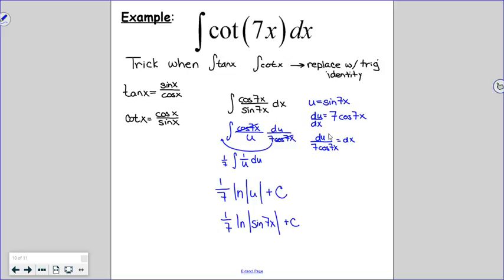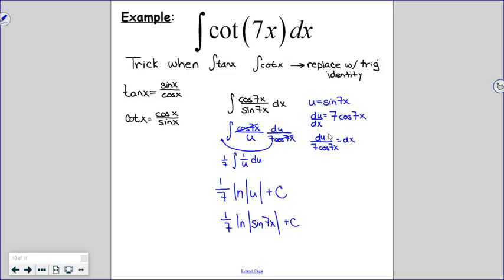Do I have to have the absolute value symbol around the sine of 7x? Can sine ever be negative? Yes. Sine oscillates between 1 and -1. The 7, remember, all the 7 is doing is changing the period length. So it's going to be 1/7 of a normal sine curve, width-wise. That has no impact on its value, 1 to -1.